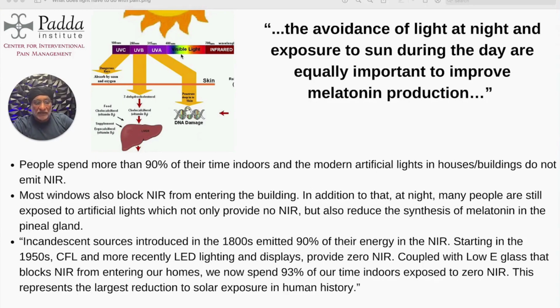If you don't have that visible light, your brain thinks that it's in the dark, and your brain allows it to release melatonin. And we normally think of melatonin as a hormone of sleep, but that's not necessarily true. Only 5% of the melatonin that's produced in our body is related to sleep. The other 95% is very relevant for our pain patients.